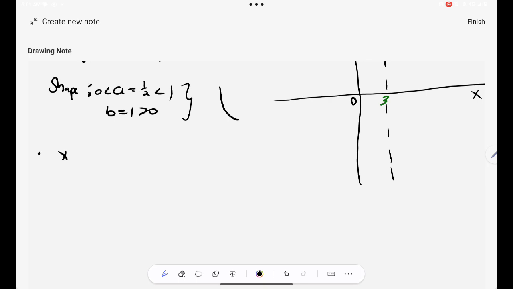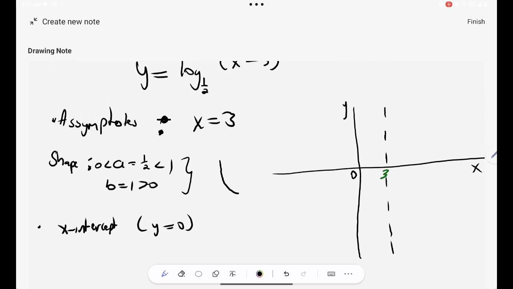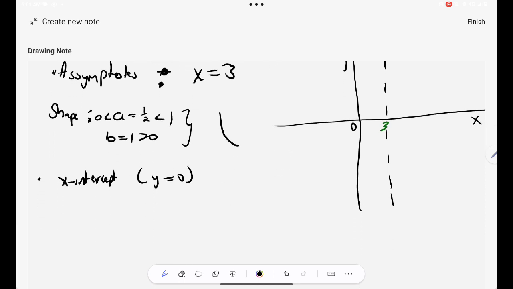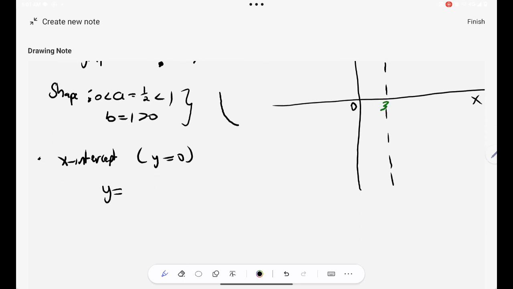Then I must find my x-intercept. I don't care what kind of graph it is, I just need to make y 0 and solve for x. y is equal to the log of x minus 3, base half.